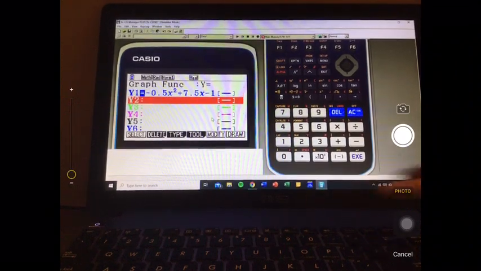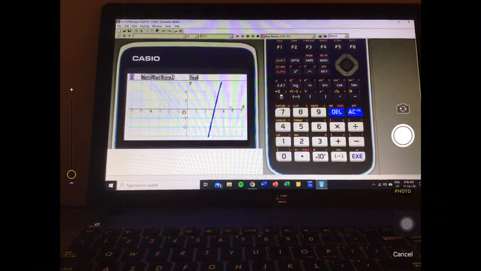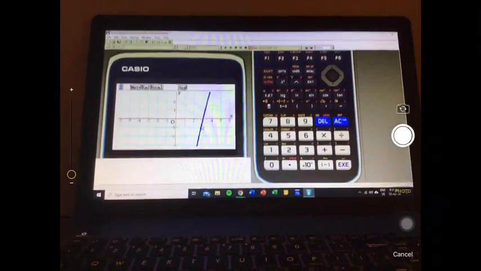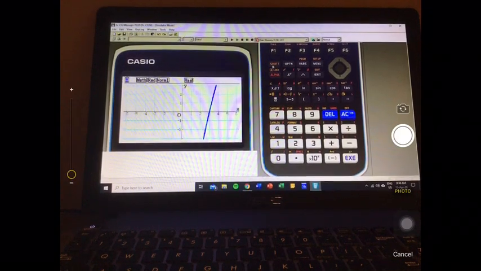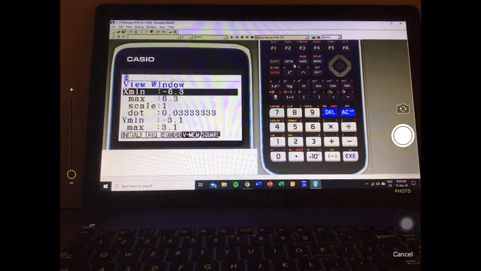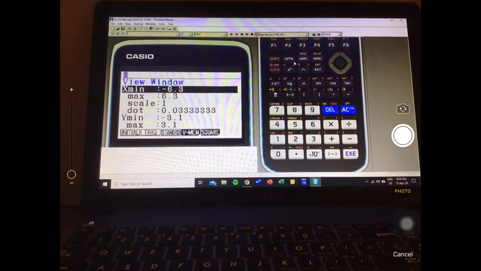Okay, so now if we go to draw, we're having the same problem, right? So in order to change the scale, remember it's shift Vwin, that's F3, and here you can define your scale. So we're going to use as scale for the x, we could put -5.